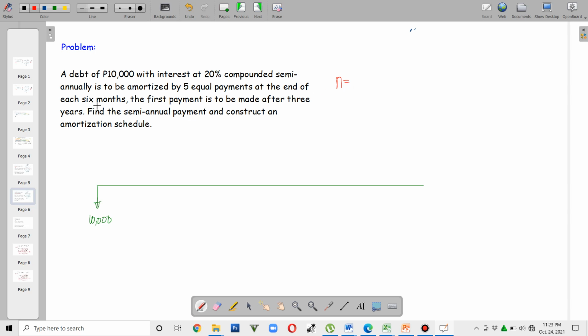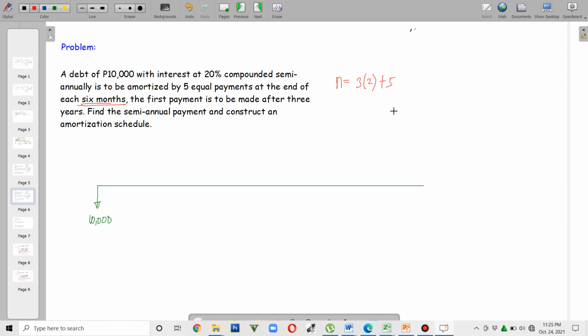So, ang term ng pagbayad is every 6 months. So, sa first 3 years pa lang, ilang months, ilang period na yon. So, 3 years times twice a year, tapos, i-add mo yung 5 payments, ano? But here, take note, the first payment is to be made after 3 years.